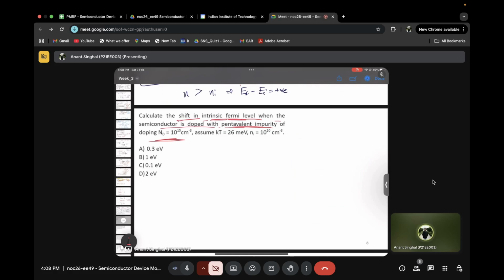So what is it asking? Exactly, it is asking how much the Fermi level is shifted from the intrinsic level.